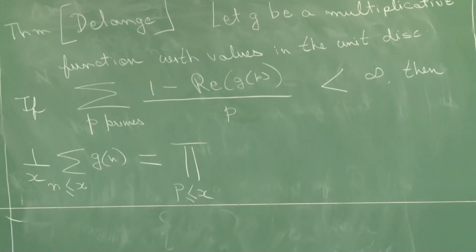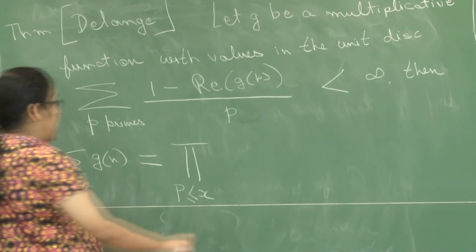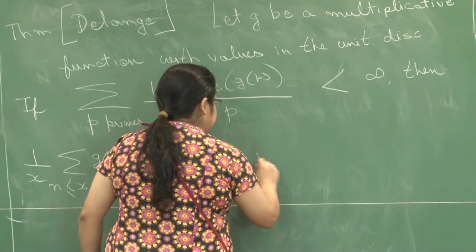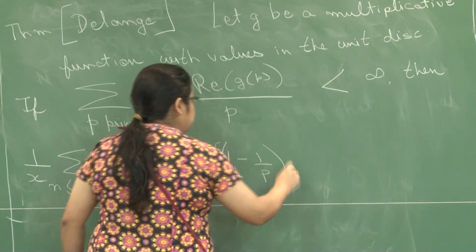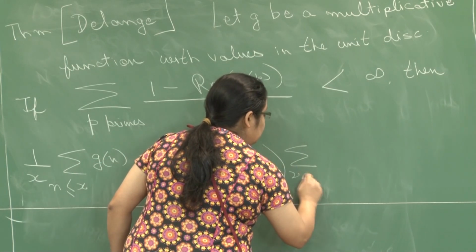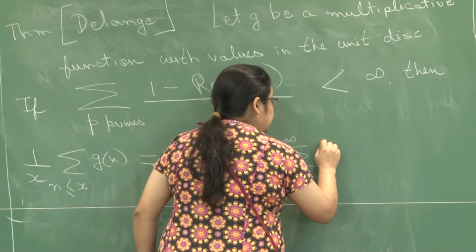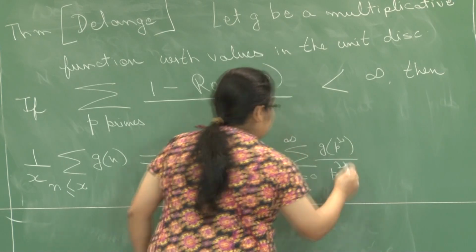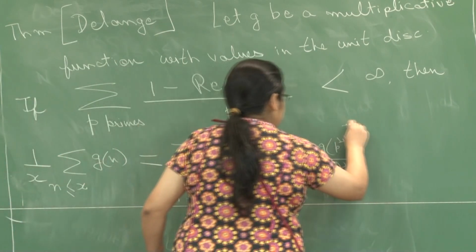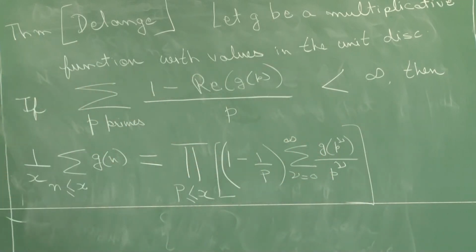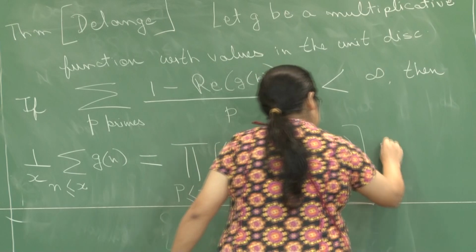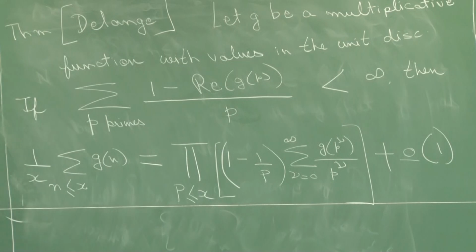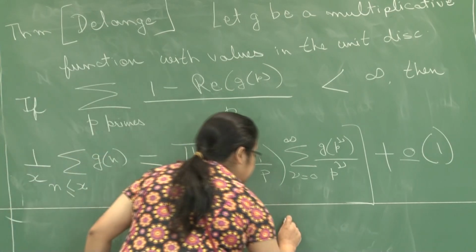The product runs over all the primes up to x, and for each such p, you consider 1 minus 1 over p, times the summation over nu going from 0 to infinity of g of p raised to the nu over p raised to the nu. So if you have this, then this holds as x goes to infinity.